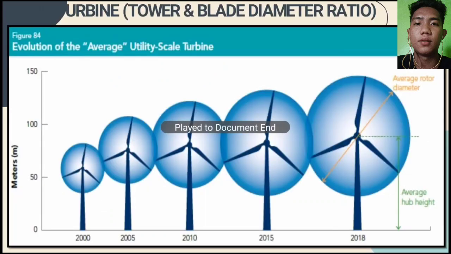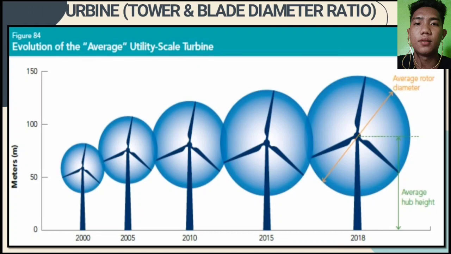Next, sa ano naman tayo, wind turbine tower and blade diameter ratio. So makikita dito is yung bawat year niya. So year 2000, average hub height is 58 and diameter niya is 48. So nung 2005 naman, height niya is 75 and diameter niya is 65 meter.